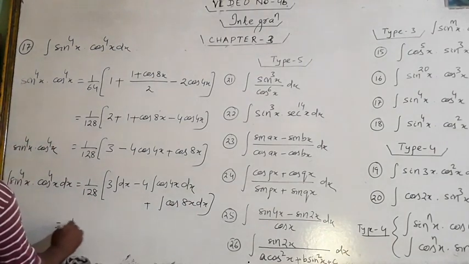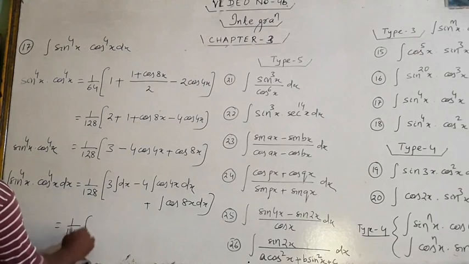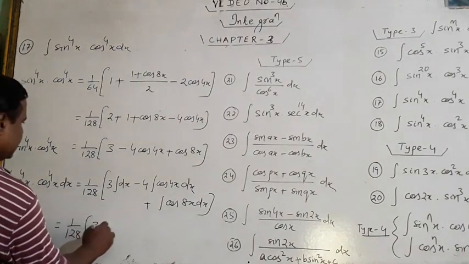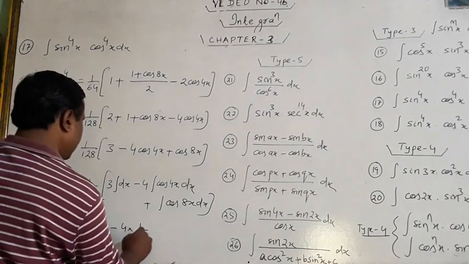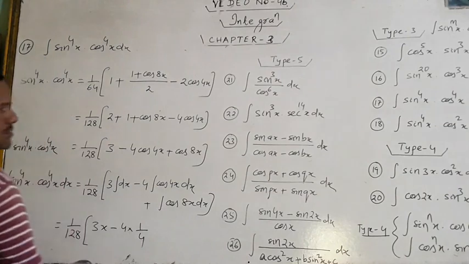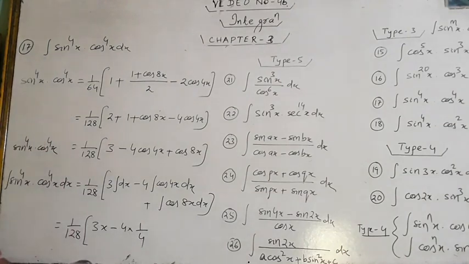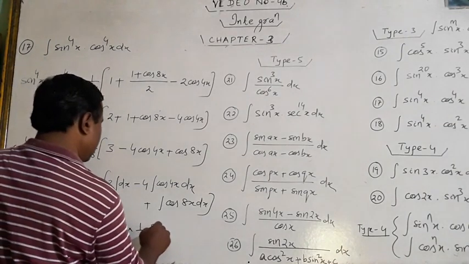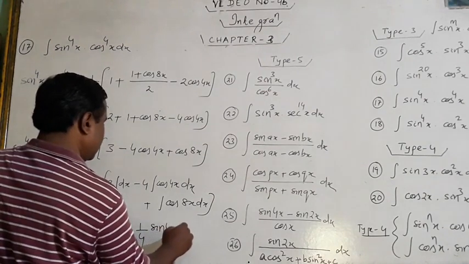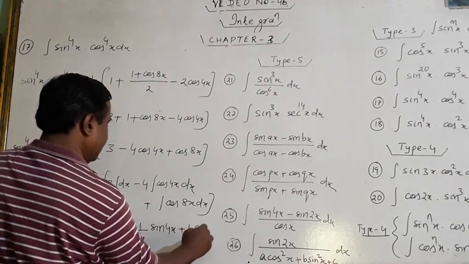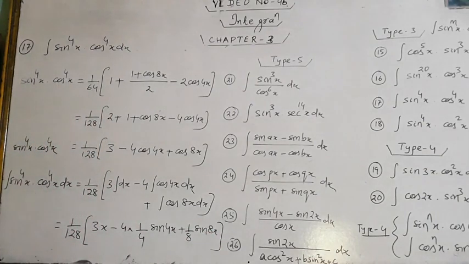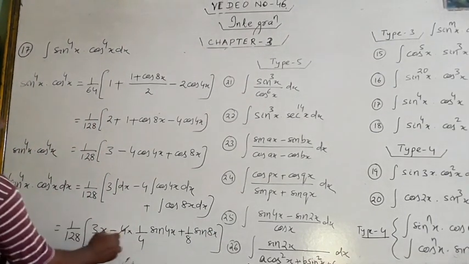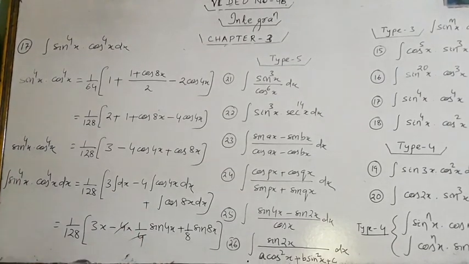The result is 1 by 128 times 3x minus 4. What is the integration of cos 4x? Cos mx gives 1 by m. The derivative of cos is minus, the integration of cos is plus. So it is 1 by 4 sine 4x plus 1 by 8 sine 8x plus c. Okay? You can cancel this.